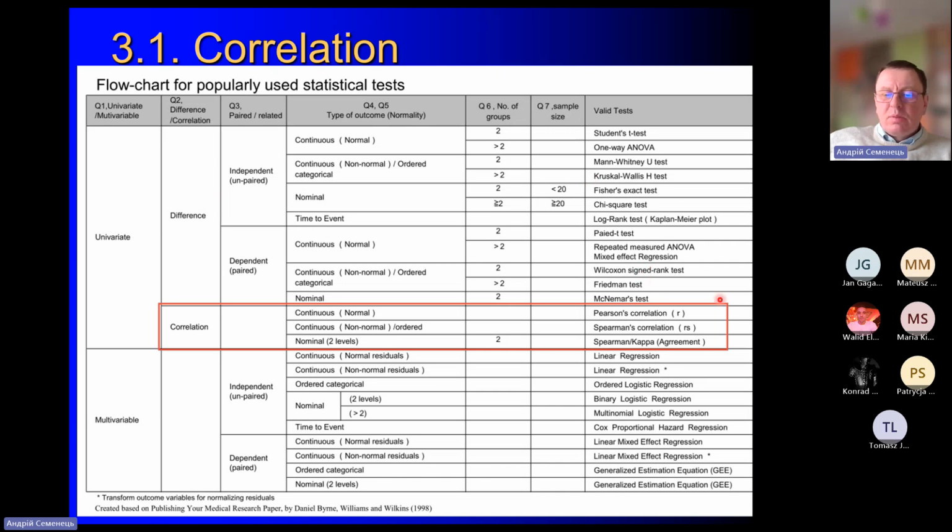And here we have the place of correlation, and as you can see we have at least three types of correlation, depending on what kind of data we have and whether our data is normally distributed or not. So for continuous data we have Pearson or Spearman correlation depending on whether it's normally distributed or not, and for nominal data we could also use a version of Spearman correlation, especially adapted.